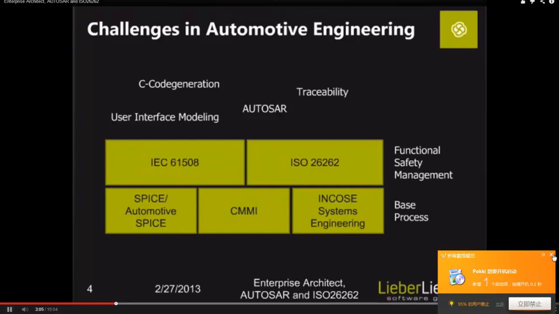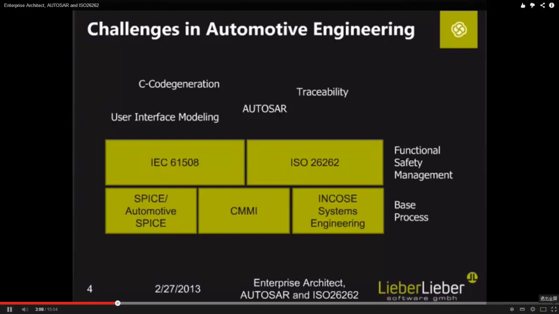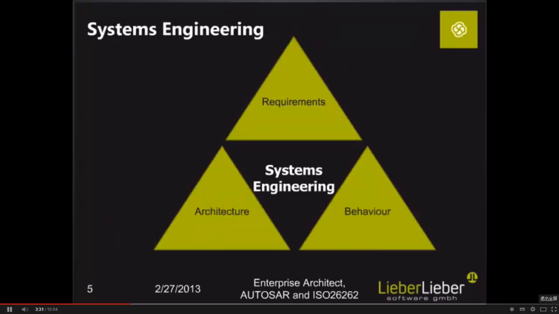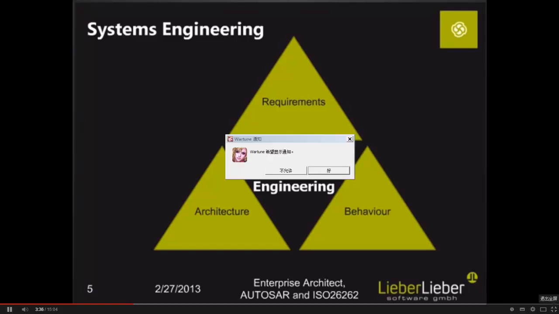In domains like HMI, and in domains like multimedia and car multimedia, you have things like user interface modeling. And one big topic for all these process norms is full traceability through all kinds of work products and the complete product lifecycle.